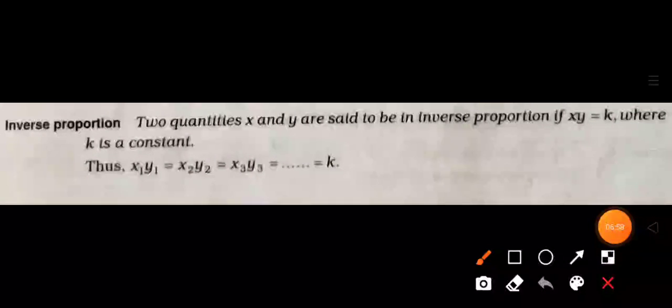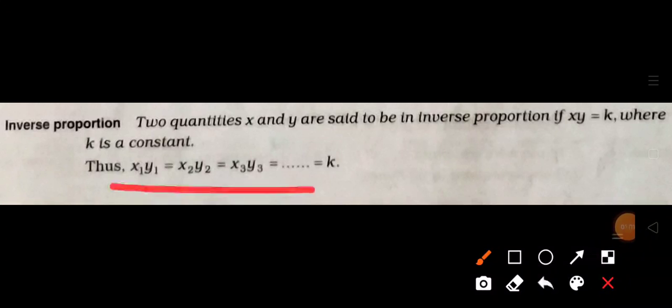It means that x1 into y1 must be equal to x2 into y2, which must be equal to x3 into y3, and so on up to infinite terms, that will always be a constant.